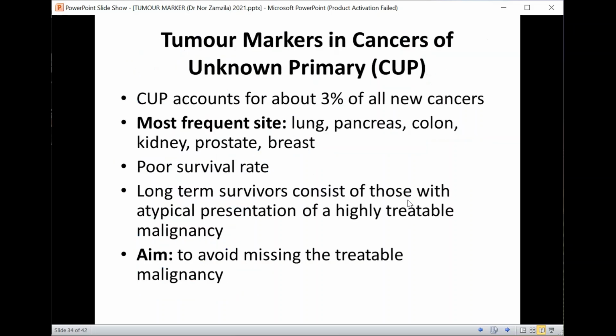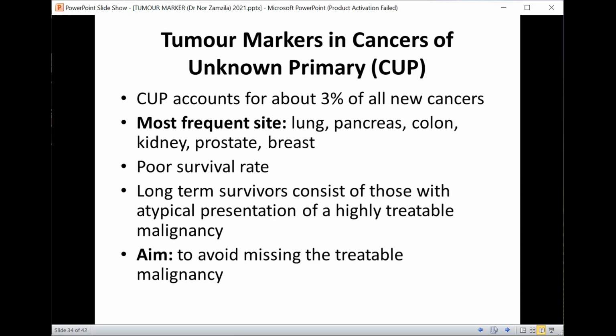Okay, what about tumor markers in cancers of unknown primary? Among the common indications for requesting tumor markers, most of the MOs who call me want to locate where the tumor is because they don't know where the primary is.